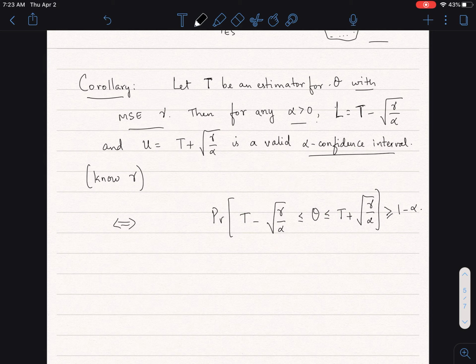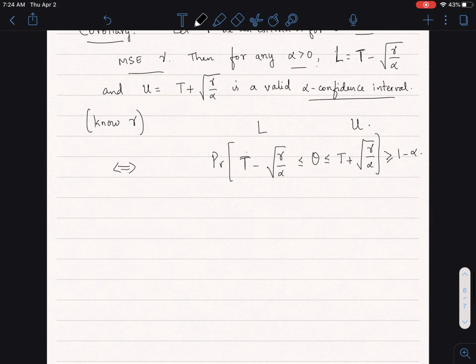This was the definition of an alpha confidence interval. This is L, this is U, and these are two statistics, because T is an estimator, which is also a statistic, and you know gamma and you know alpha.